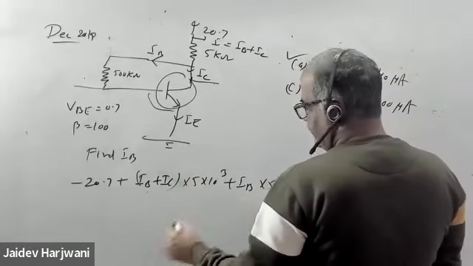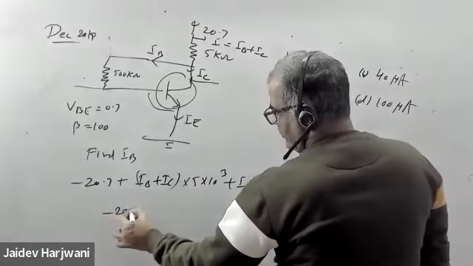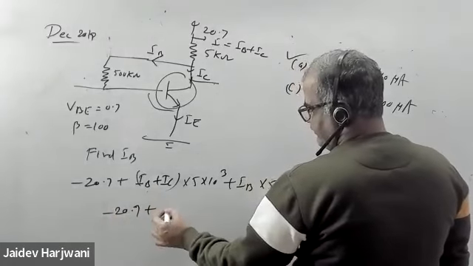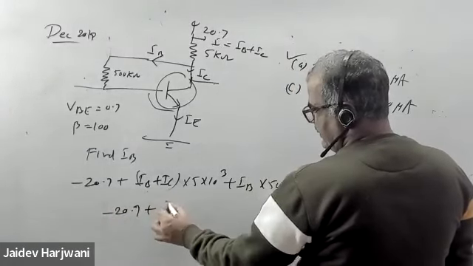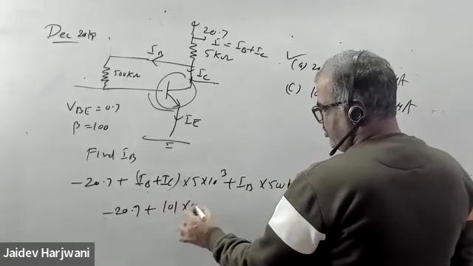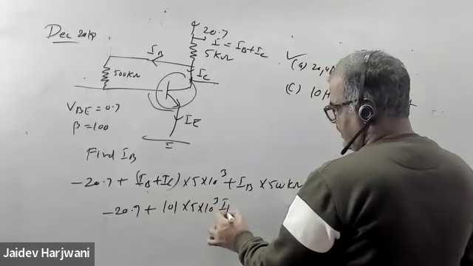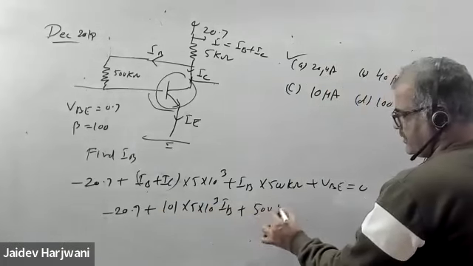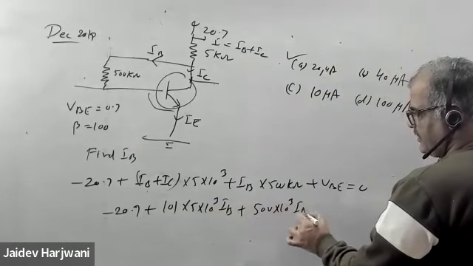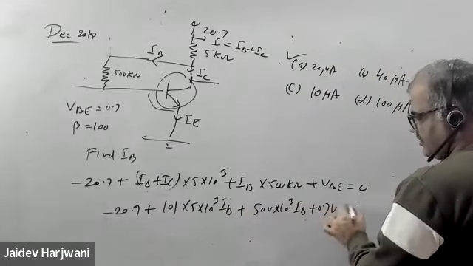So you got minus 20.7, this becomes beta plus 1 IB, 101 into 5 times 10 to the power 3 IB, plus 500 times 10 to the power 3 IB, plus 0.7 volt equals 0.